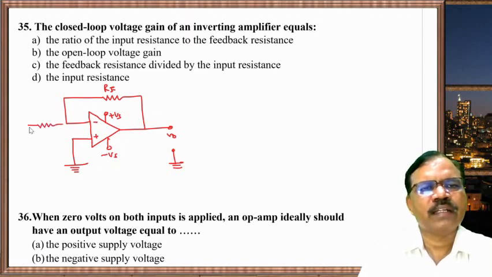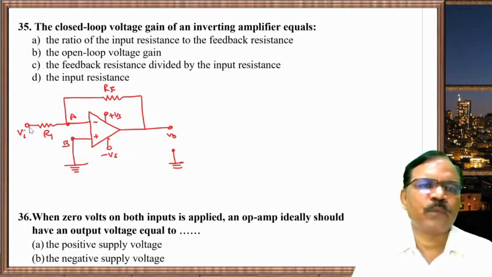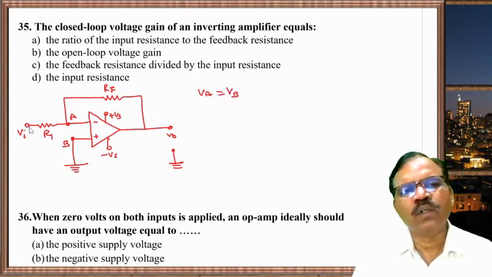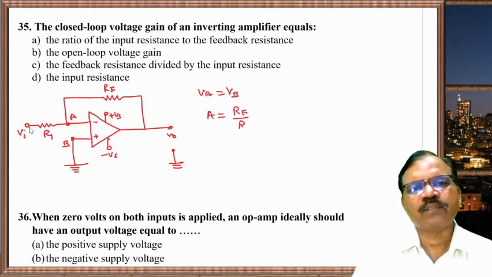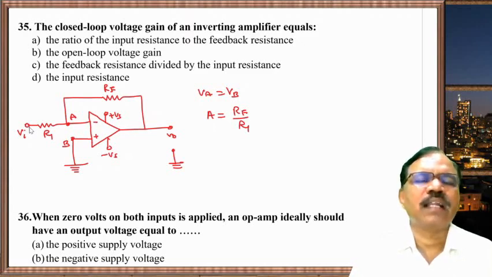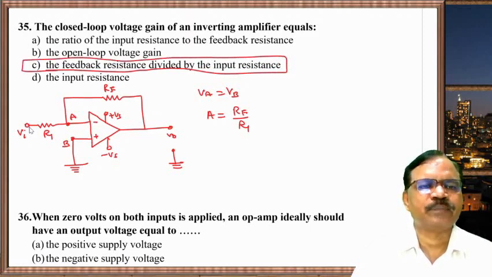Then we connect here R1 and here Vi. So this point is A, this is called virtual ground because Va will be equal to Vb, but Vb is 0, so Va is 0, that is called virtual ground. Now what is gain of this operational amplifier? It is Rf upon R1. R1 is input resistance, Rf is feedback resistance. So it is ratio of this. So the gain is the feedback resistance divided by the input resistance. This one is correct.